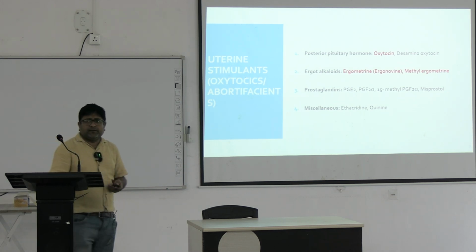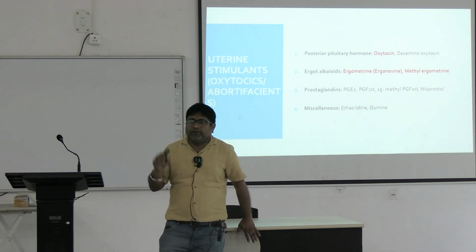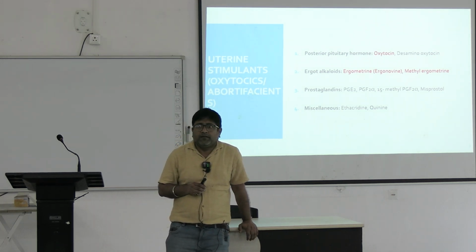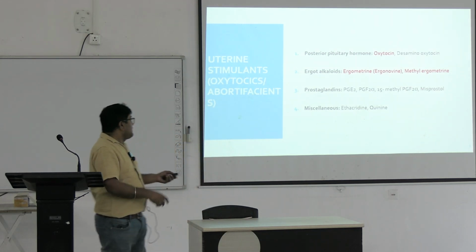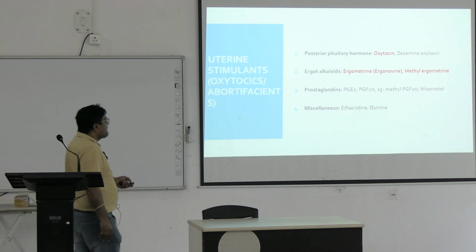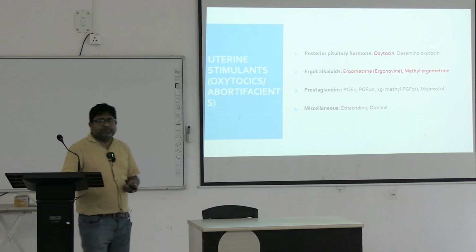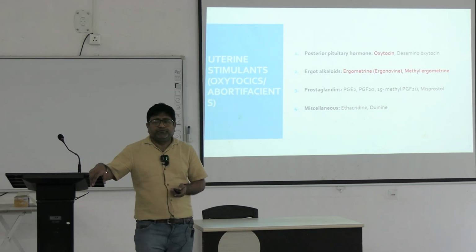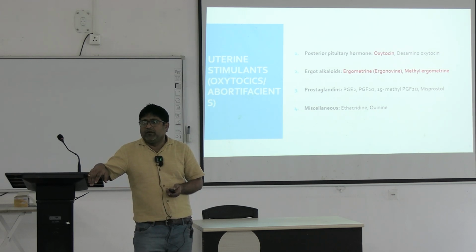Where have we read about misoprostol before? Sorry, we read it in peptic ulcer. It is the drug of choice in NSAID-induced ulcer. And miscellaneous drugs include ethacridine and quinine. Where have we read about quinine? In malaria, right?